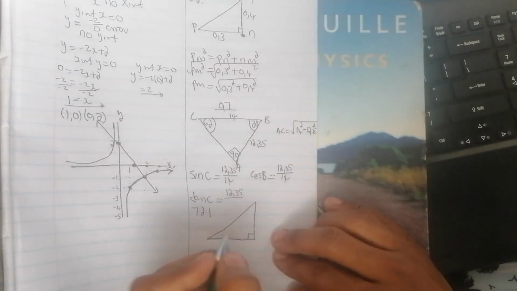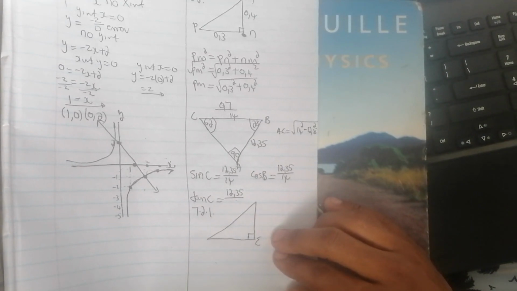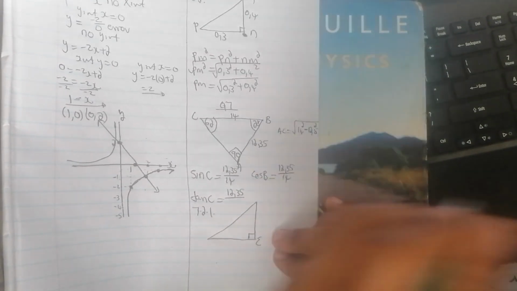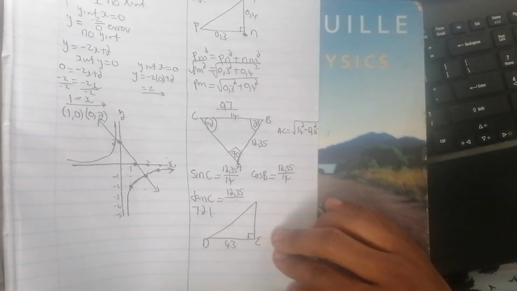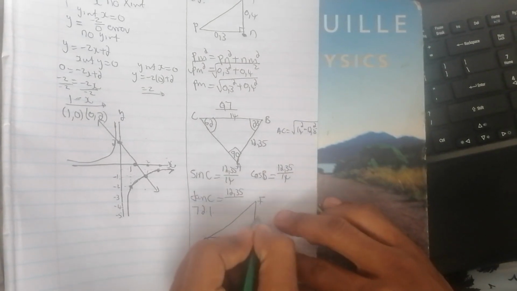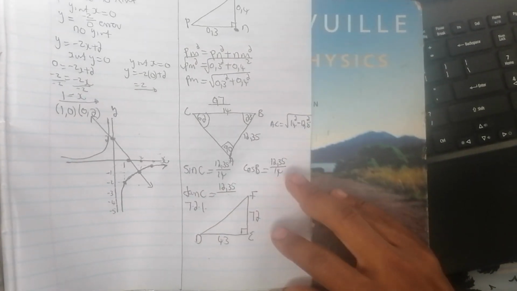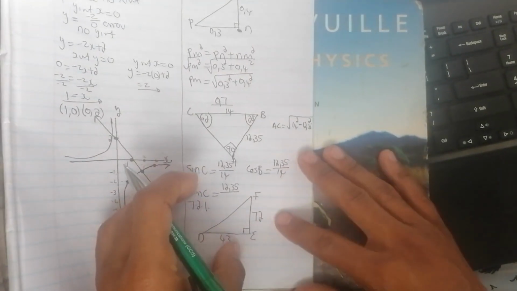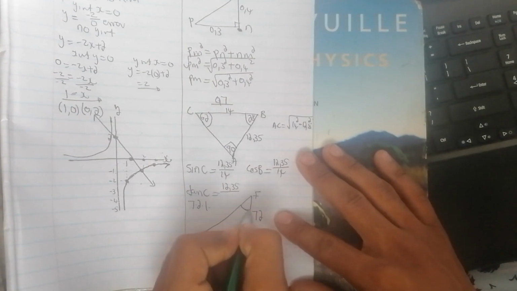So E is 90, so this would be E, and they say DE is 43, so DE is 43 and EF is 72, right? And then calculate the magnitude of sin F. So they want the sine of angle F.